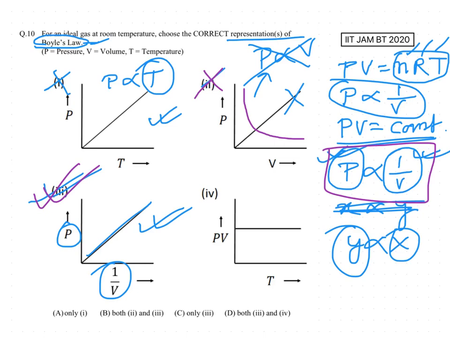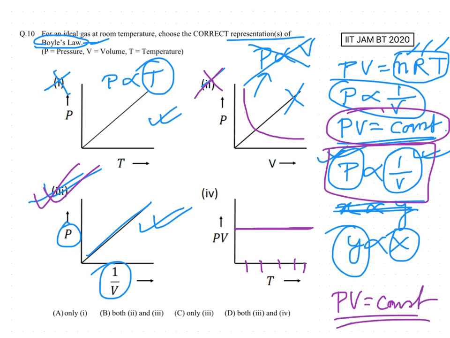See here, for every value of T, we get a constant value of PV. That is, whatever the value of T, PV is constant. And PV equal constant is the form of Boyle's law. So this is a representation of Boyle's law.